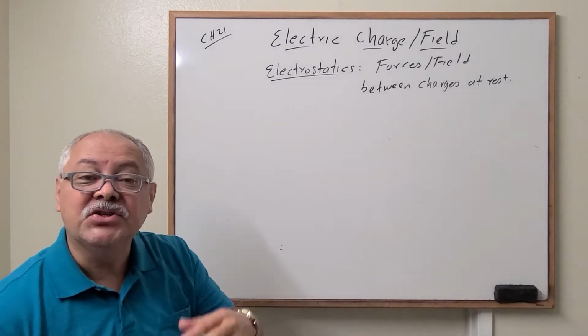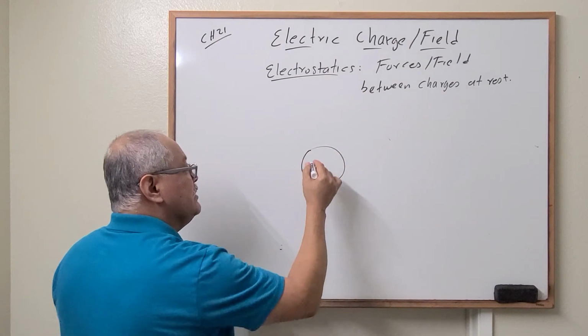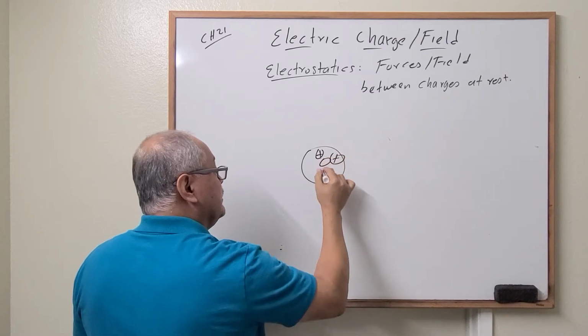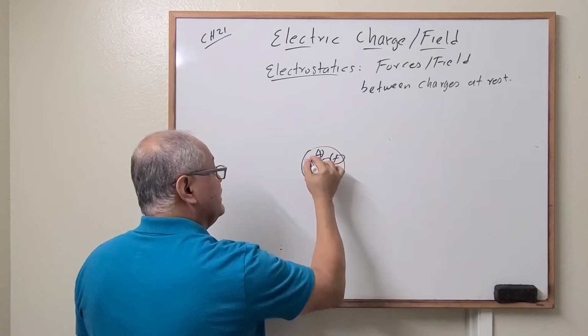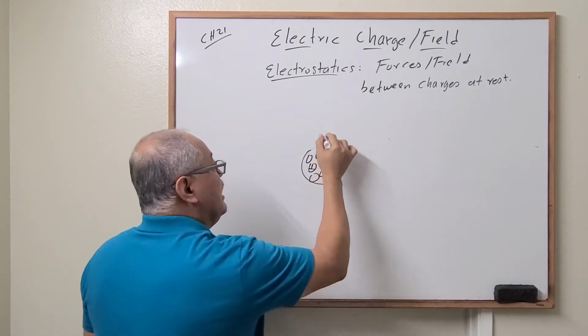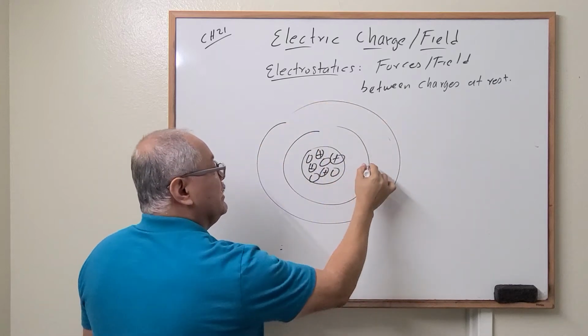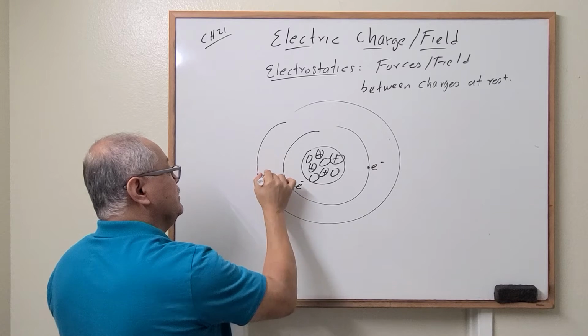Remember, we locate the charges in the atom. In the atom, we have a nucleus, correct? We have positive charges and neutrons in the nucleus, like this. And around this nucleus, we have the electrons. We can use a symbol for the electron.